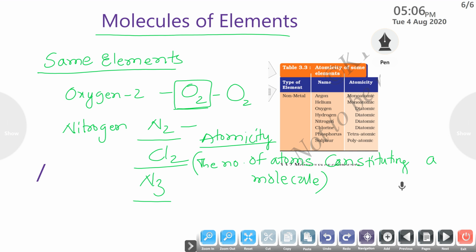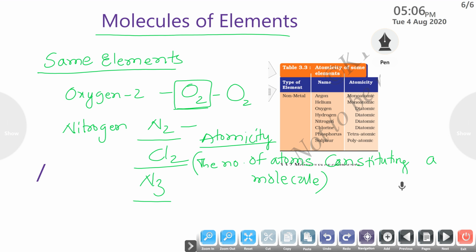How many atoms make a molecule, that property is called atomicity. The number of atoms present in the molecule is referred to as atomicity.